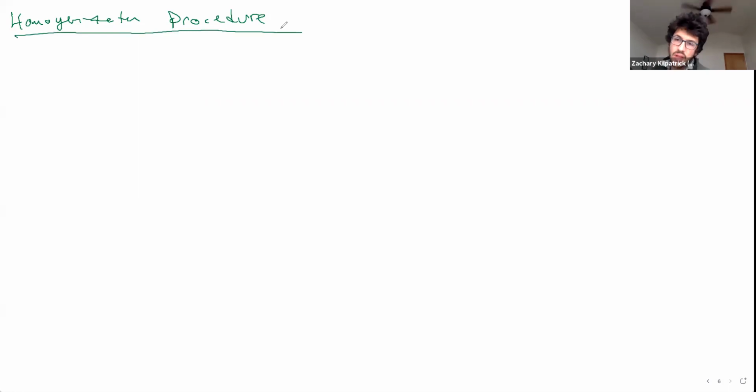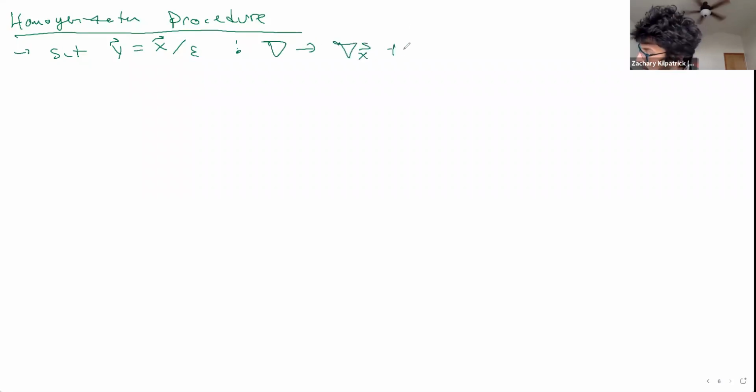And the general idea is quite the same as we worked out in 1D. It's just that the nuts and bolts get a little bit more involved because we now have to deal with some more vector calculus. So we'll start by applying this method of multiple scales approach, y equals x over epsilon. And that means that the gradient is now going to be the gradient with respect to the x variable plus 1 over epsilon gradient with respect to the y variable.